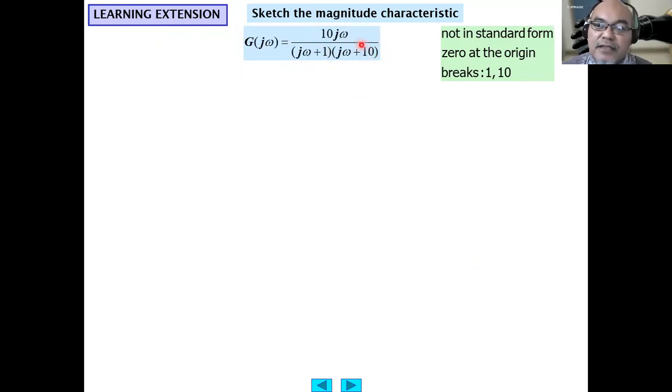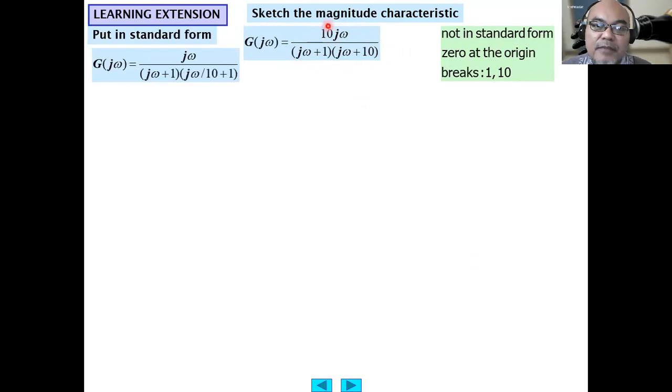But we need to convert this into the standard form, j omega tau plus 1. So this becomes 10 j omega divided by (j omega plus 1) multiplied by (j omega divided by 10 plus 1).